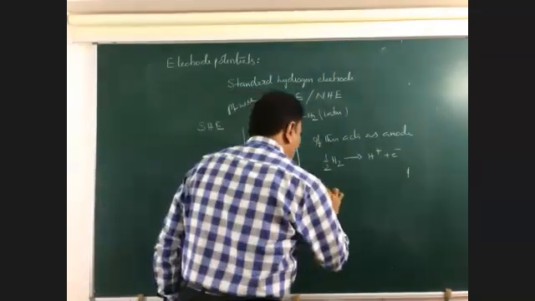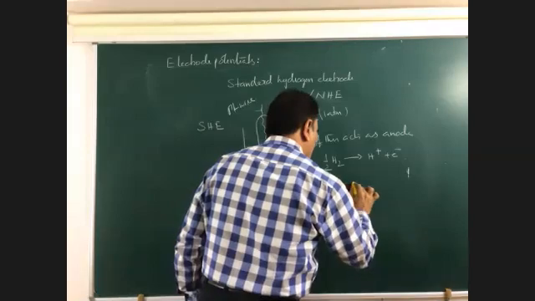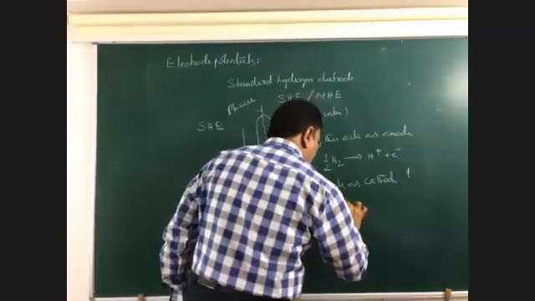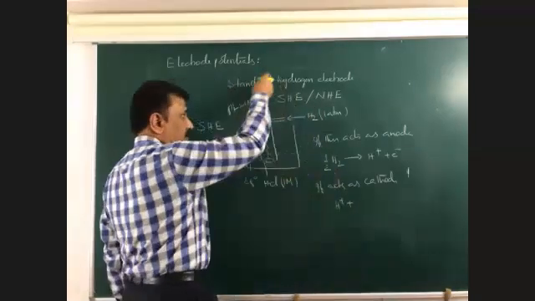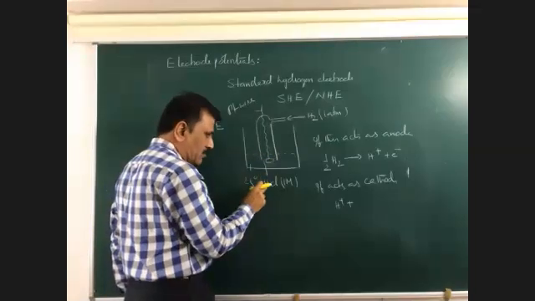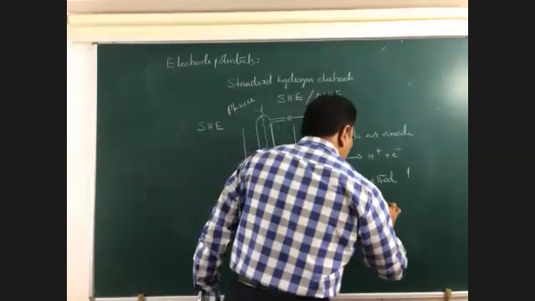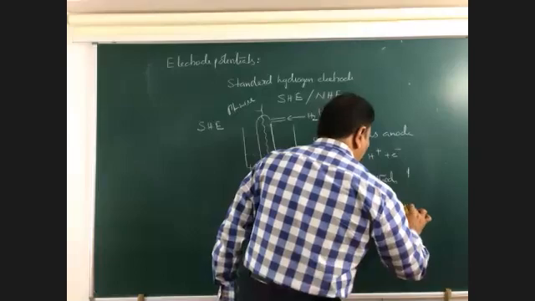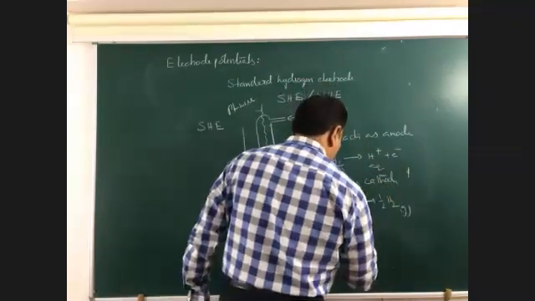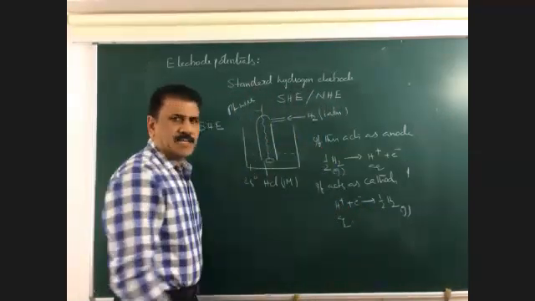If it acts as cathode, the H+ ions in the solution take electrons from the outer area. Electrons will come in and be absorbed by H+. This is an aqueous solution, so this acts as a cathode.